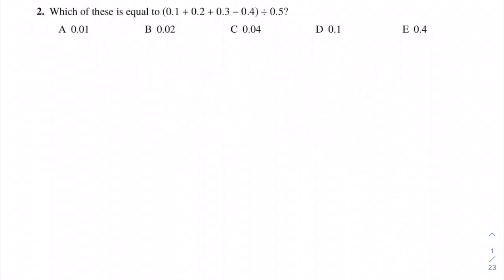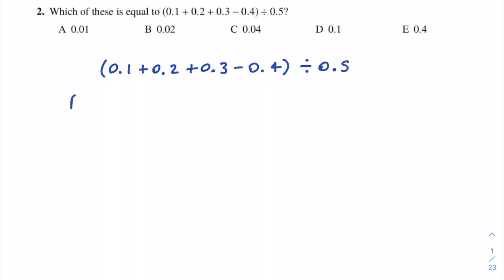Question 2 says, which of these is equal to 0.1 plus 0.2 plus 0.3 minus 0.4, all divided by 0.5? Okay, so if we write this out again, then using BODMAS, we're going to start with B first, which is the brackets.